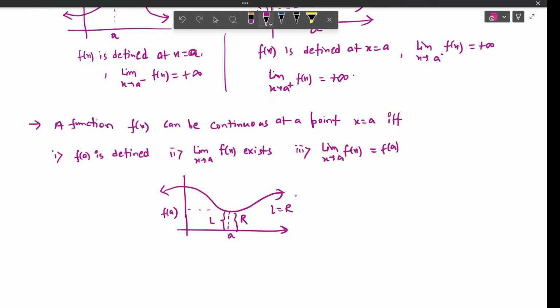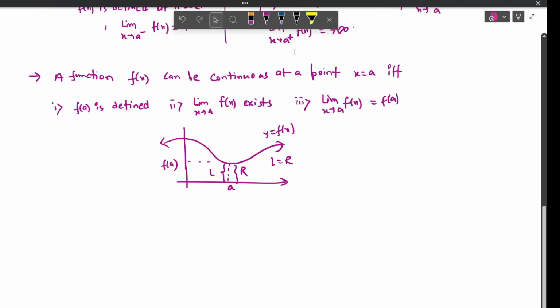Here L equals R. So this is the curve y equals f of x, right? So we can say in this curve that f of x is continuous at x equals a. So for continuity, left hand limit equals right hand limit, that should be equal to the value of the function at a point.